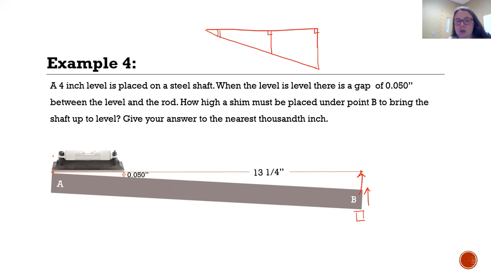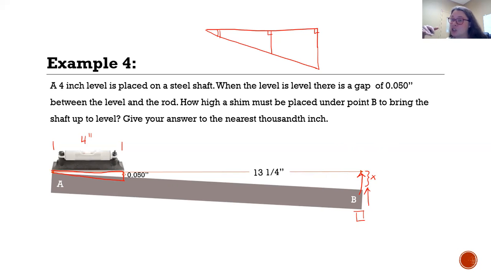So if we look here, we have a 4-inch level. So this distance here is 4 inches. So I'm going to draw a little triangle here. We have a very small triangle. It's 4 inches long and 5/1000ths of an inch high. I want to say, well, if we could make that triangle extend out further, what would be this height that we have to lift that shaft?